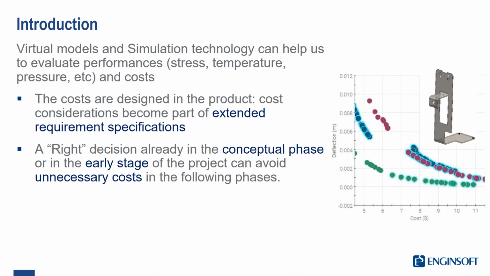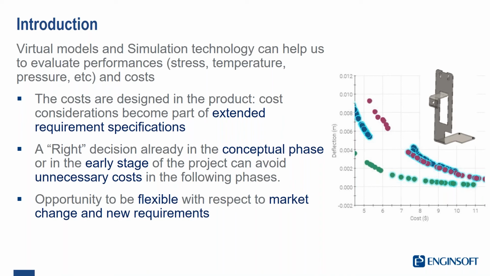In that case, the multidisciplinary parametric approach can help us because it allows us to consider different disciplines that act on the development of my product, and we can consider the interaction between different aspects right from the beginning.